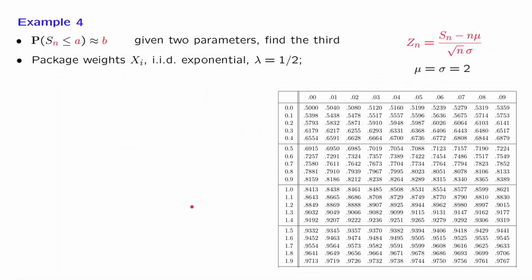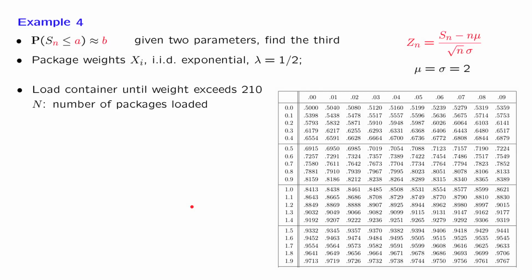Our last example is going to be a little different. Here's what happens. We start loading the container, and the container has a capacity of 210. Once we load the package and we see that the weight has exceeded 210, we stop. Let capital N be the number of packages that have been loaded, and this number is random.